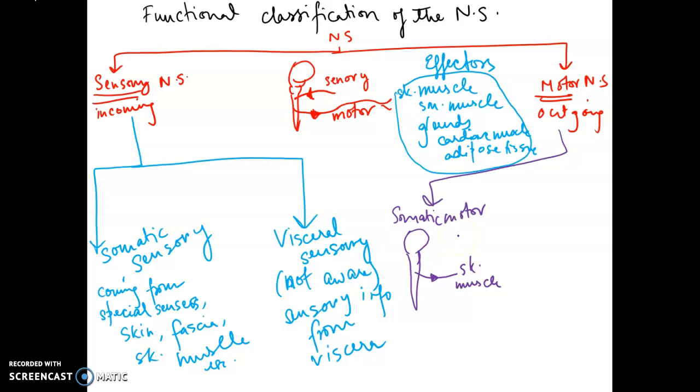That's somatic motor. When the command goes to skeletal muscle, that's somatic motor. And we can control our skeletal muscles, right? You can control it. So this is very, very voluntary. The other one is autonomic motor.